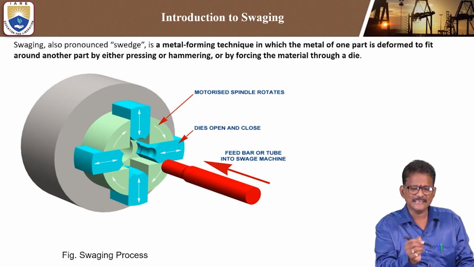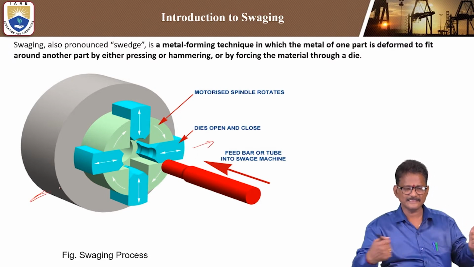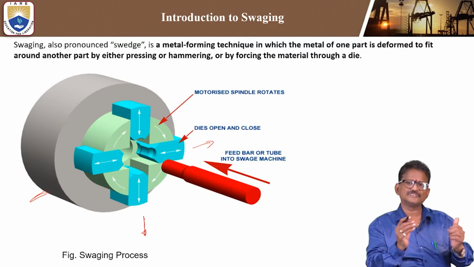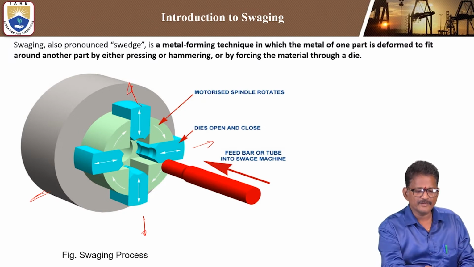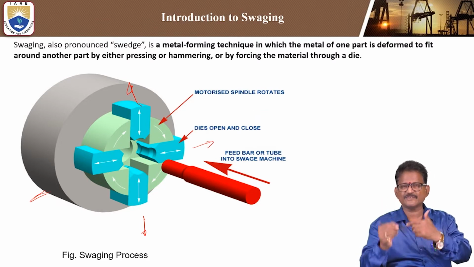Here you can clearly understand that the dies can open horizontally, left and right, and vertically. This spindle, like a four-jaw chuck, moves up and down, and there is a motorized spindle that rotates in a clockwise direction.